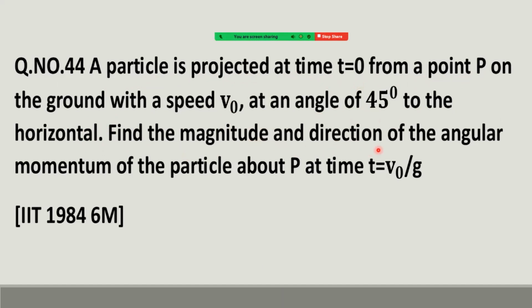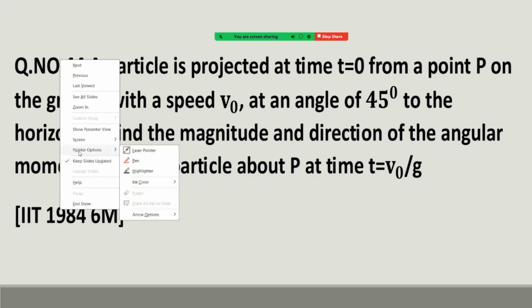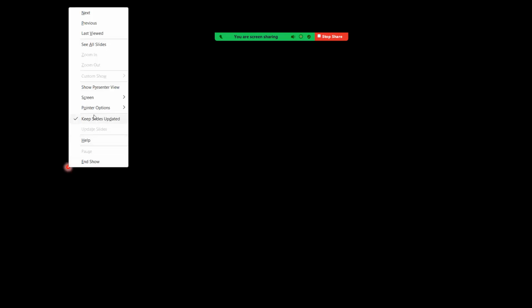Find the magnitude and direction of the angular momentum of the particle about P at time t equal to v naught by g. So this was asked for 6 marks in 1984. So taking here oblique projectile. Let's see once. Given oblique projectile.